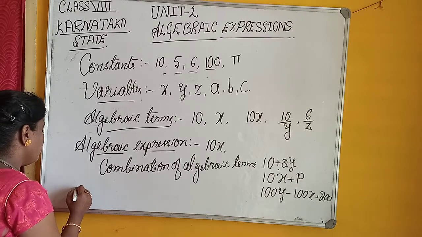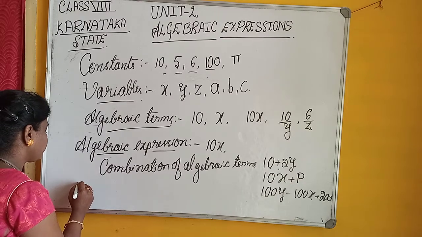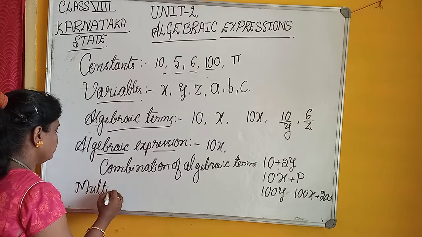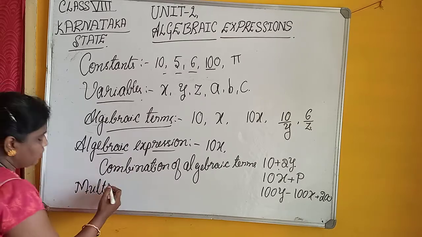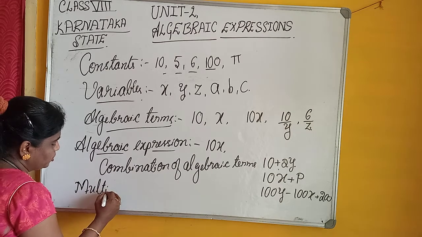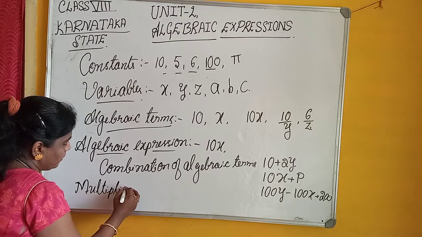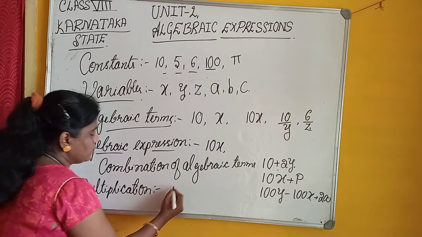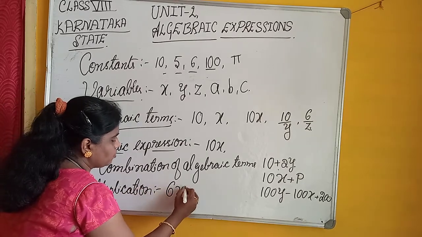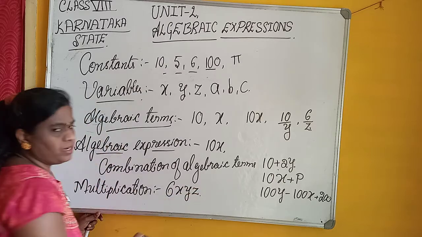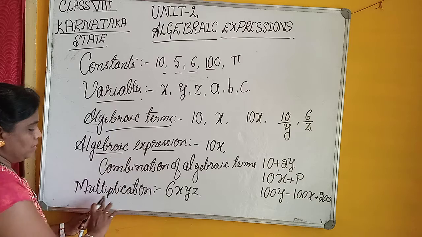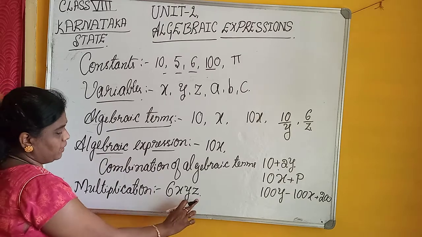For example, a combination of two algebraic terms on multiplication, like this, 6xyz, isn't it? These are algebraic terms which are combined by the products of those algebraic terms.